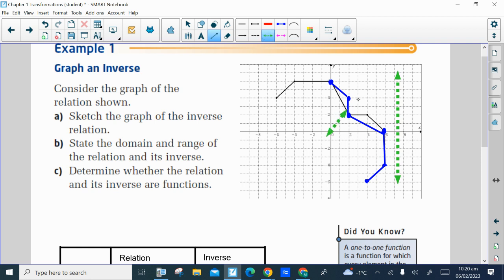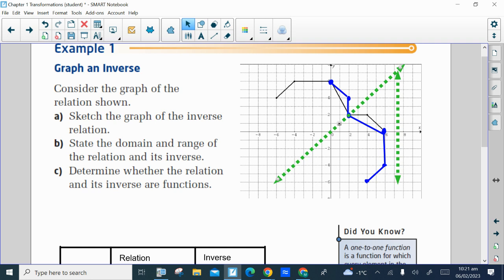They are reflections about the line y equals x. But it would be really difficult to get your new graph by taking points on the original graph and trying to reflect them over that line y equals x. Really difficult. So that's why we don't use that method. We take points on the original graph, switch them around to get our new points.